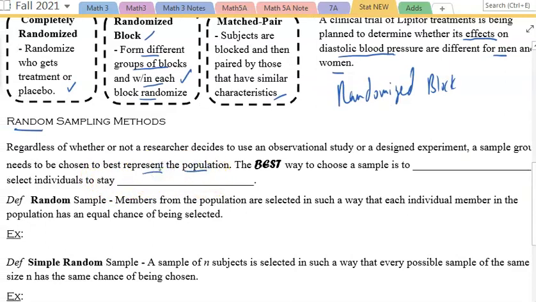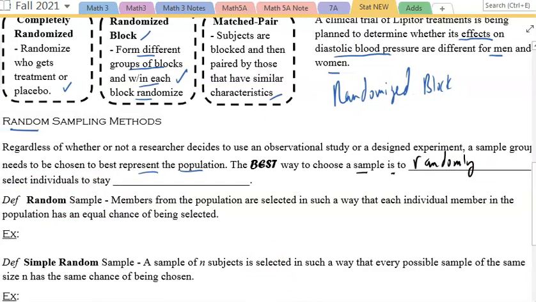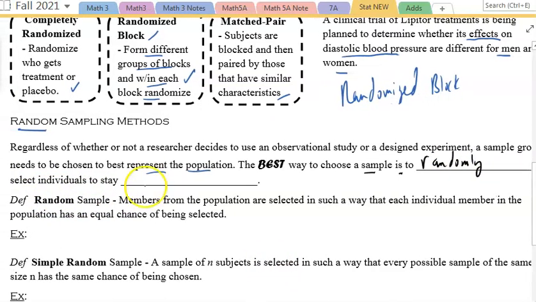You want a sample in which you could with confidence say this represents the entire population. The best way to choose the sample is to randomly select individuals to stay unbiased.